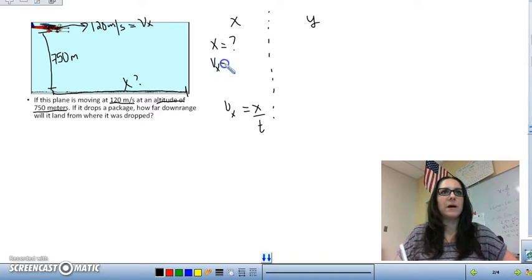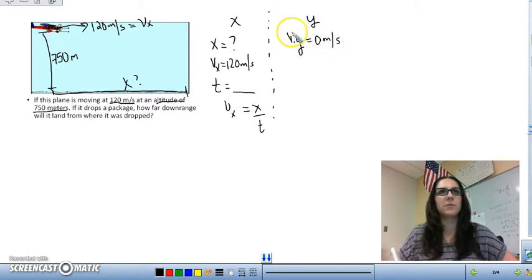We do have Vx, 120. Remember that I don't put the indices on this because this is the same value throughout the whole motion. And we don't have time here. On this side, we have the initial velocity of y is 0 because it's not moving up or down to begin with.